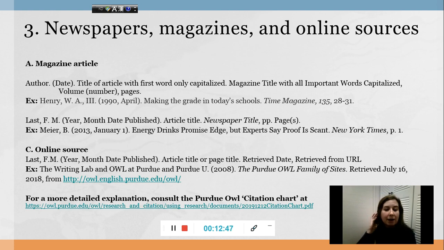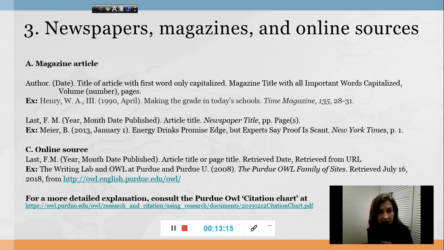Okay, article title, newspaper title, and the pages. So in this example, we have last name, first initial, the year, the date, and the title, Energy Drinks Promise Edge, but Experts Say Proof Is Scant. New York Times, page 1.